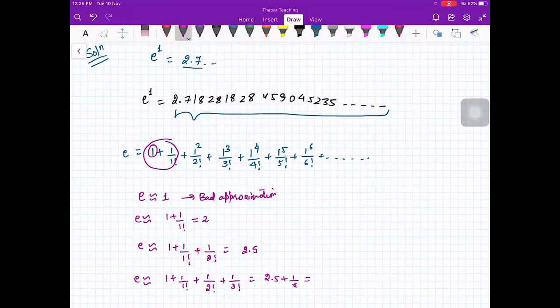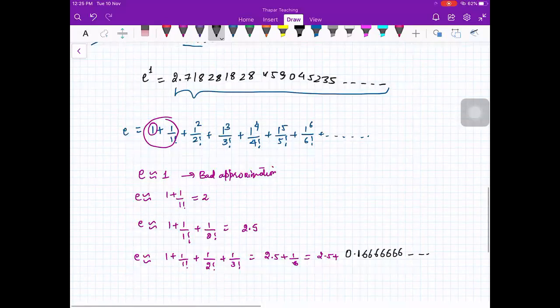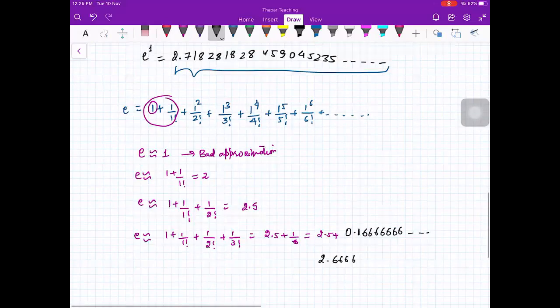How much is that? 0.1666, like this. So this is equal to 2.66666. So you are getting closer to e, but all these are approximations. Is this thing clear to everybody?